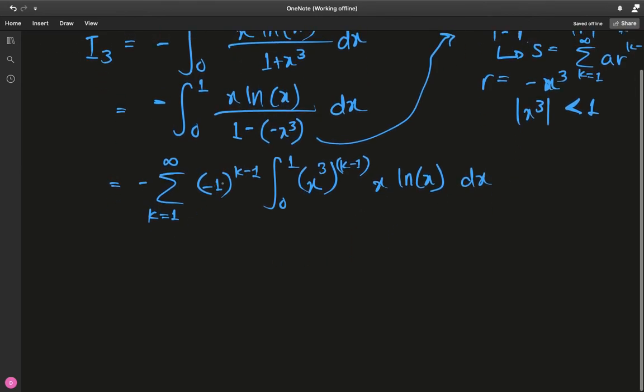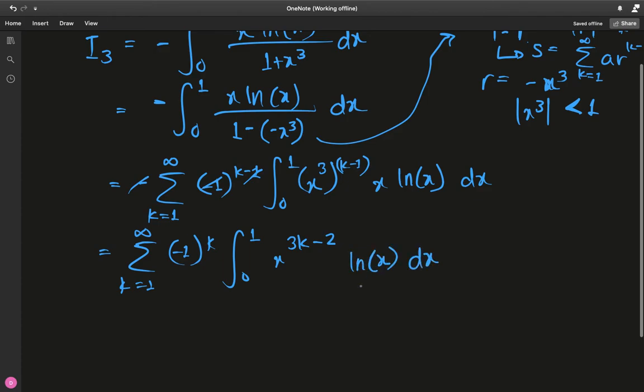So we can split this up into minus 1 to the k times minus 1 to the negative 1, and this negative will cancel out. So we just have the sum from k equals 1 to infinity of minus 1 to the k, and then the integral from 0 to 1 of x to the 3k minus 3 plus 1 because of this x, so x to the 3k minus 2 times natural log of x dx.